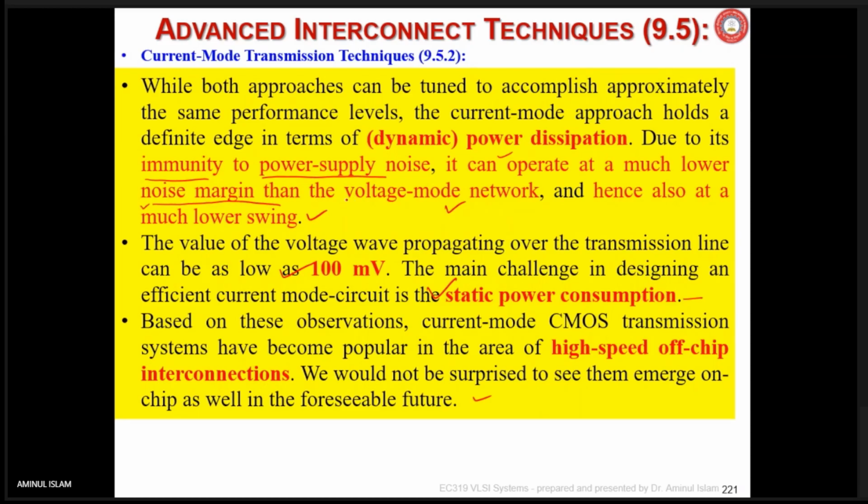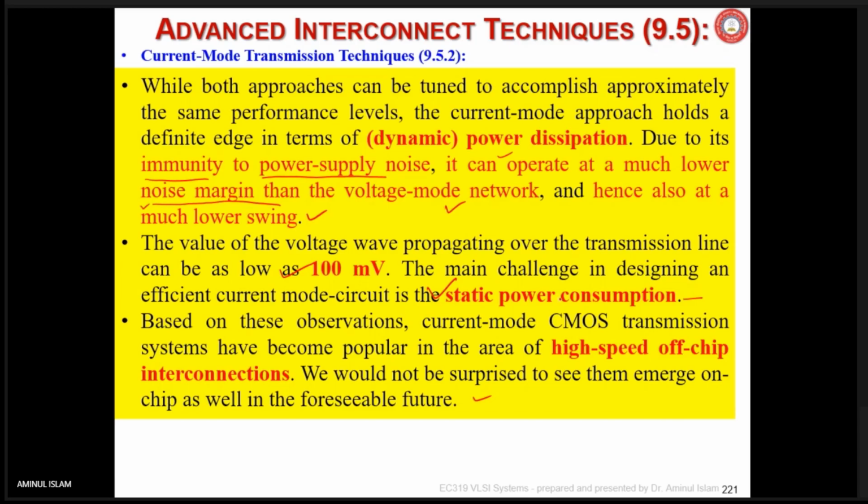So these are the advantages of current mode transmission. The value of the voltage wave propagating over the transmission line can be as low as 100 millivolt, instead of, say, ground to VDD earlier. That VDD may be 1 volt or 5 volt system.